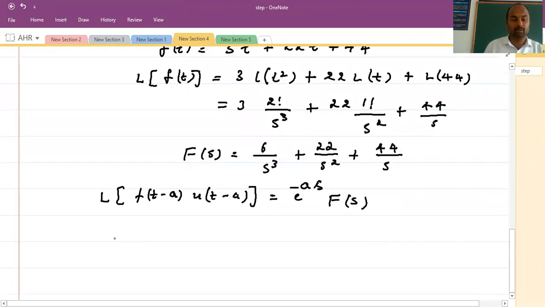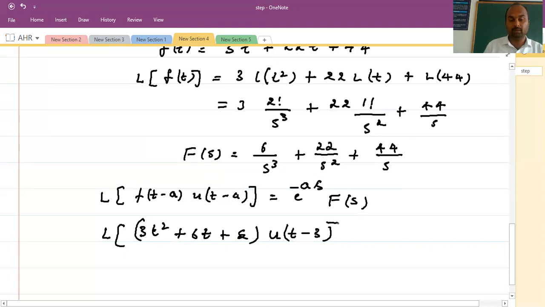So now use the property: Laplace transform of 3t square plus 4t plus 5 into u of t minus 3 will be e to the power of minus as.